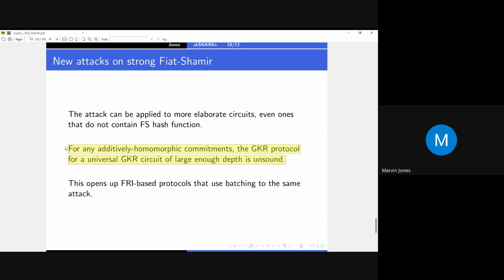This is not known to be a problem for FRI-based protocols. However, because the FRI-based protocols recently have been using batching methods, which use commitments and other things to compress them together, this same attack can be used there.